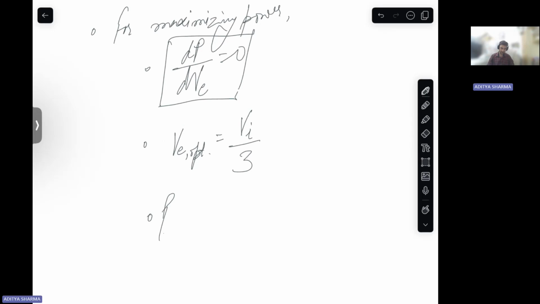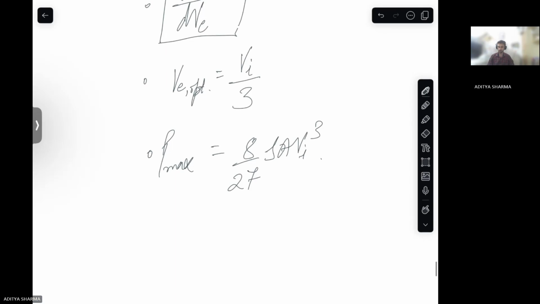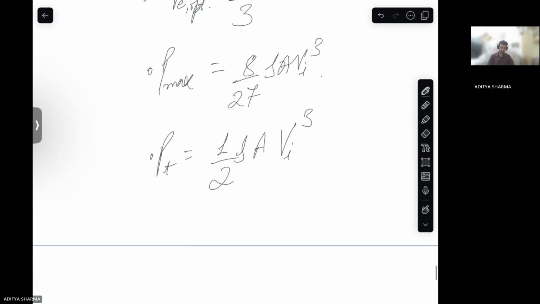And here the P max, the maximum power that you generate, is 8 by 27 rho A Vi cube. Okay, but the total power that you have given to it is half of rho A Vi cube. This is what you have given, and this is the maximum that you can get from your wind turbine.